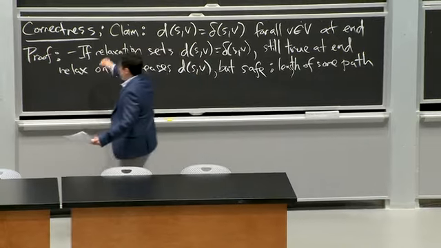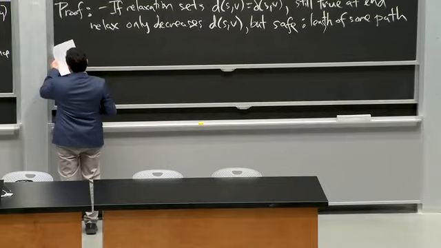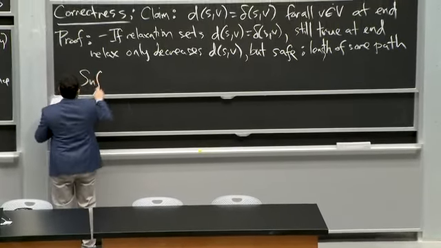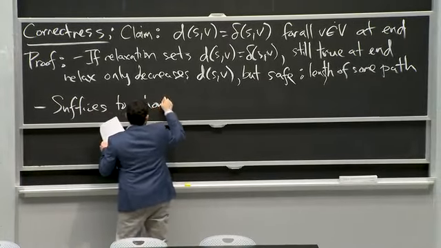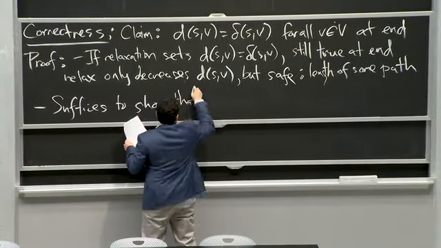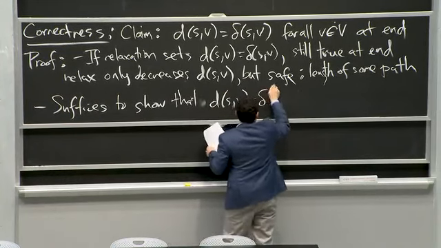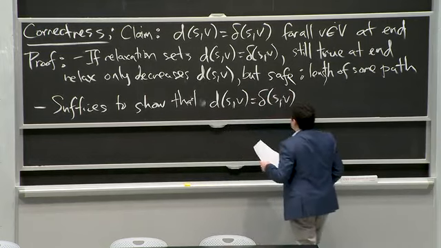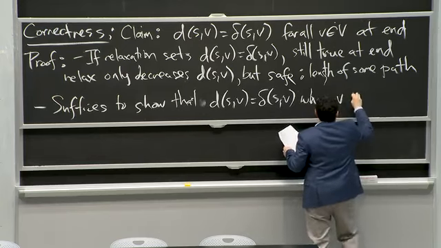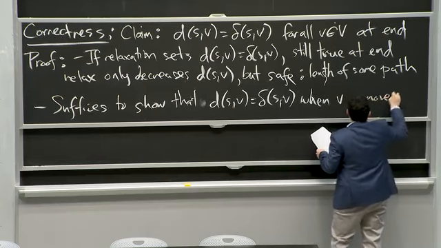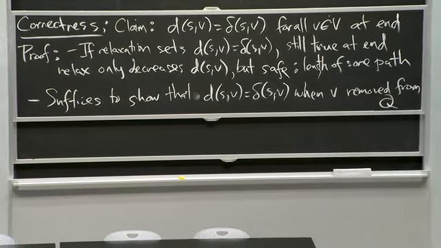Okay, so with this observation, I'm going to argue this final claim. It suffices to show that my estimate equals the shortest distance when v is removed from the Q. Okay?